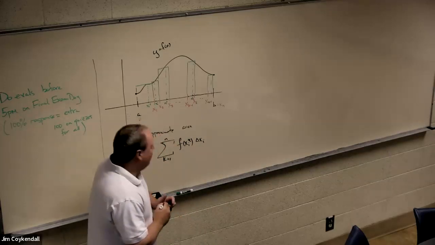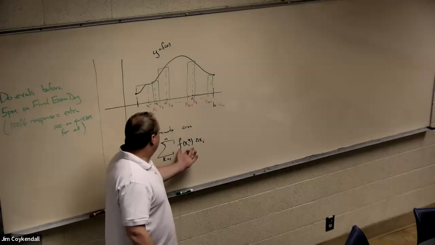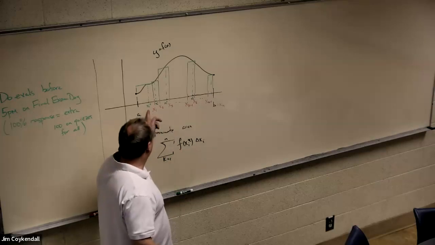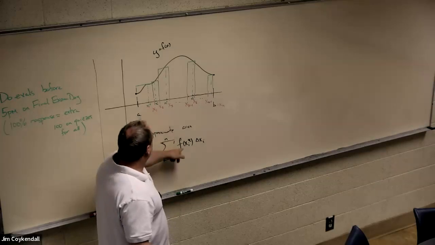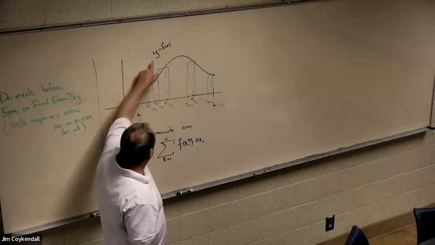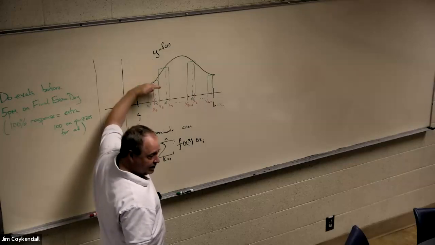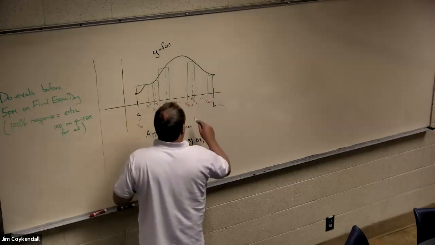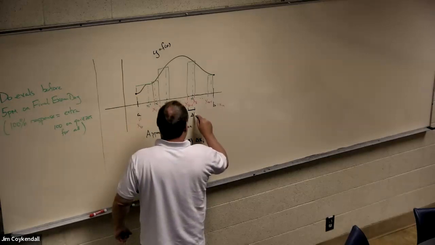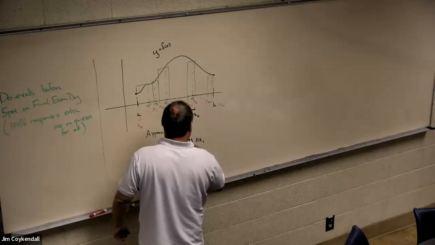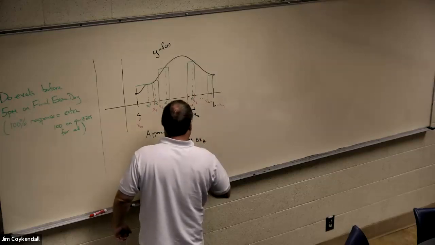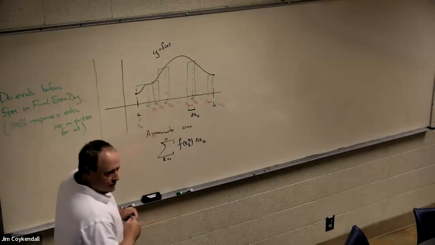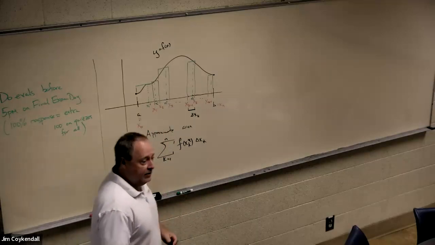That's all that is. The height is determined by plugging in a little green test point. How did I know how far up to go? I used the function. Plug in the function that determines the height. And the width is delta xk. Anybody remember what we call this?